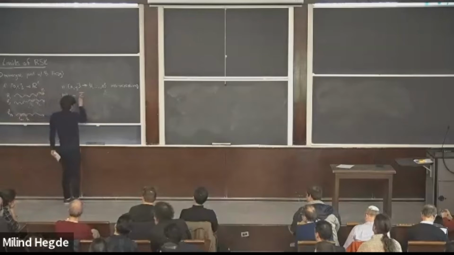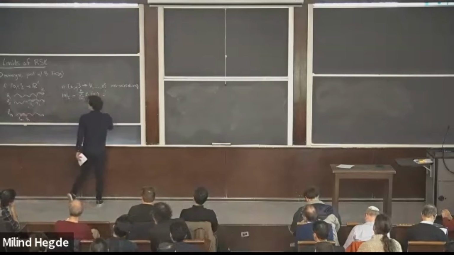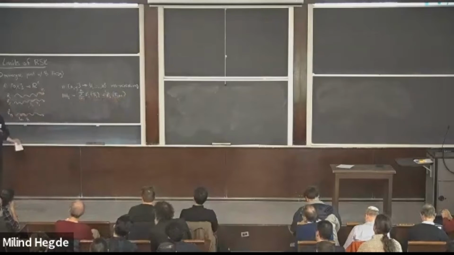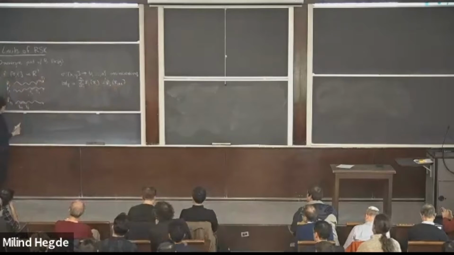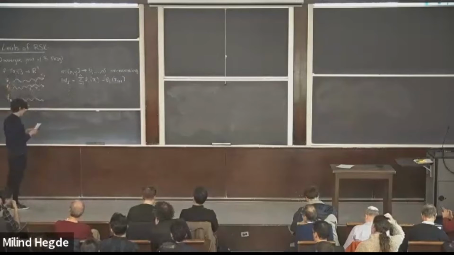Then the length is the sum from i equals 1 to n of f_i(pi_i) minus f_i(pi_{i+1}). Eventually for us these functions are going to be Brownian motions, but for now they can be anything you want. Think of this as some environment, and this is the length of your path.